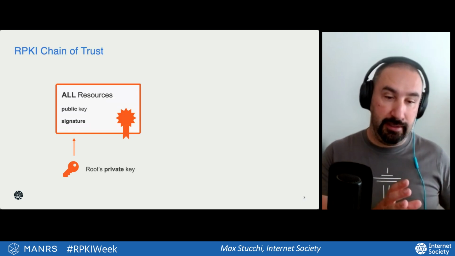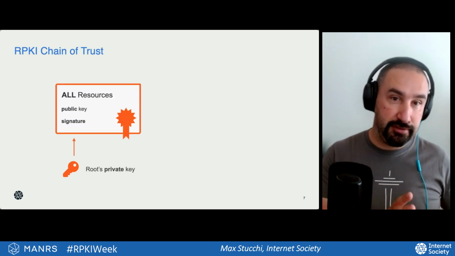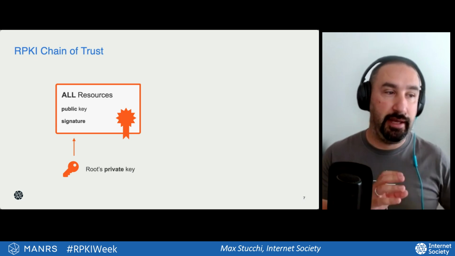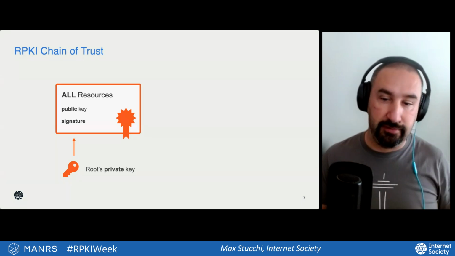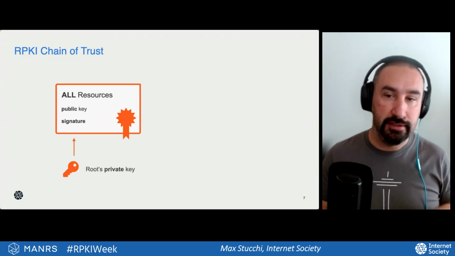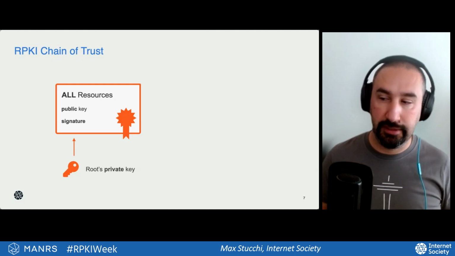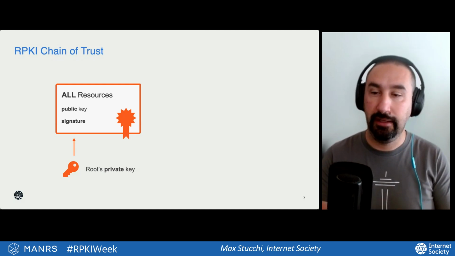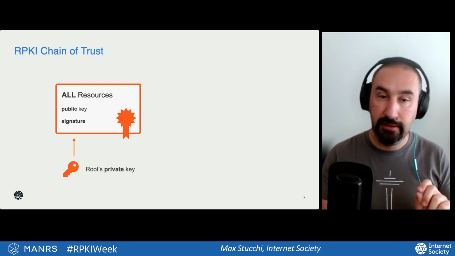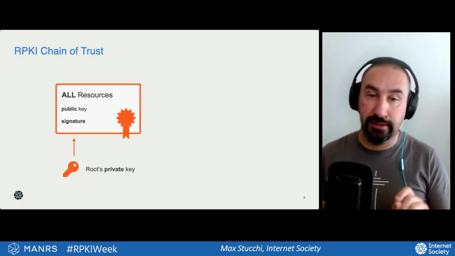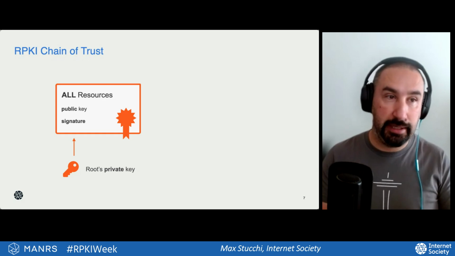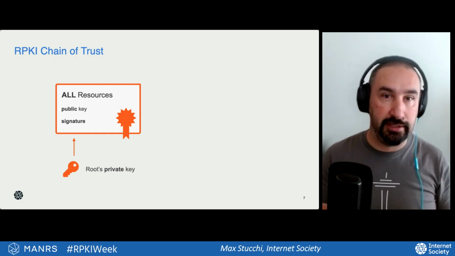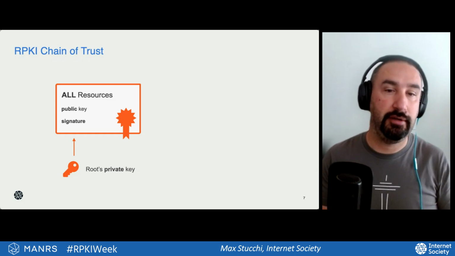The regional registries all have a root certificate, and the root certificate covers 0/0, the whole of the address space. It wasn't like this from the very beginning. At the beginning, the regional registries only had certificates covering the address space that they were allocated by IANA, which is the organization that's above the regional registries.